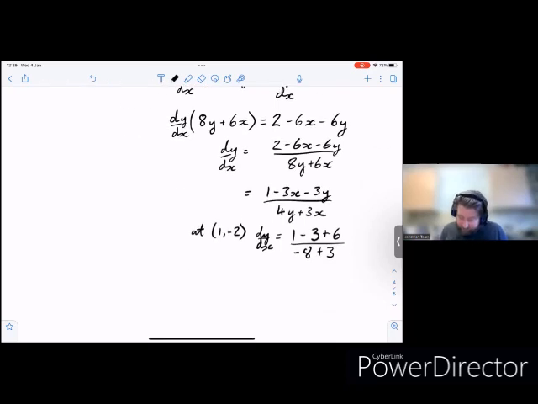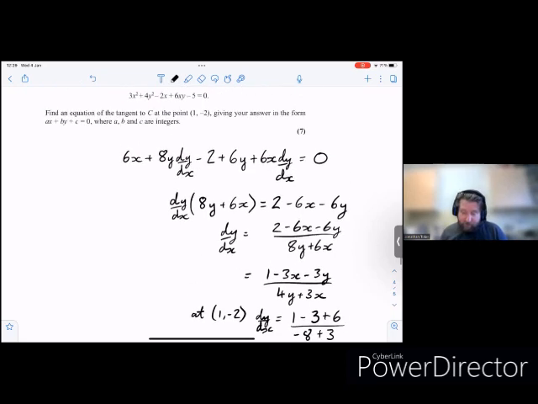So that tells us that the gradient will be 1 minus 3 plus 6, which is 4. And minus 8 plus 3 is minus 5. So the gradient we're interested in is minus 4/5.